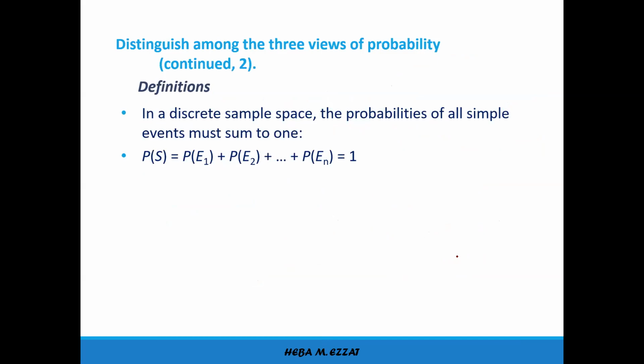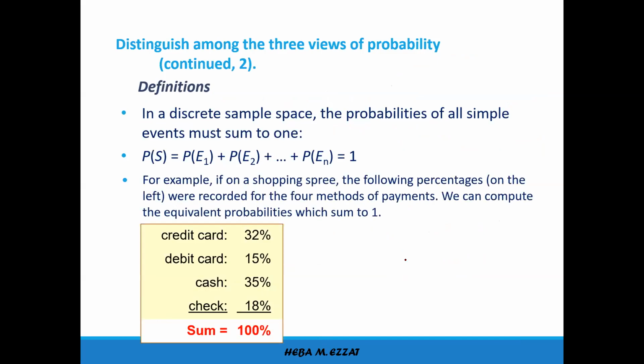So again, considering the case of flipping a coin, the probability of the sample space will be the probability of getting head plus the probability of getting tail.